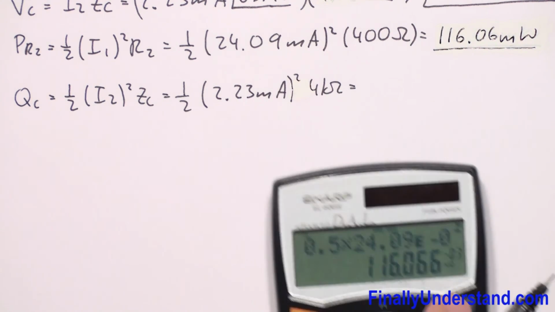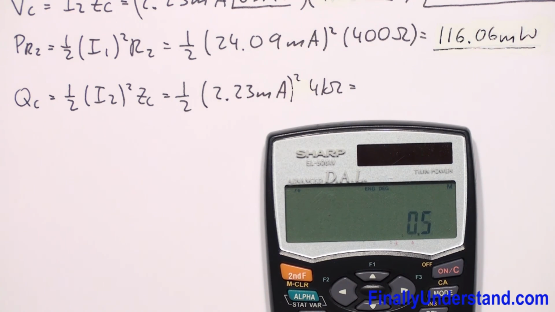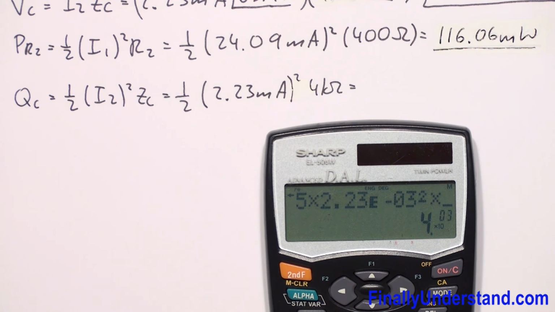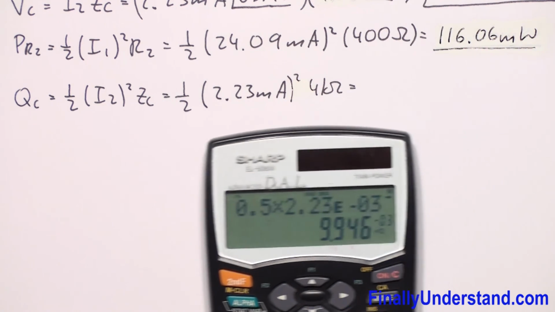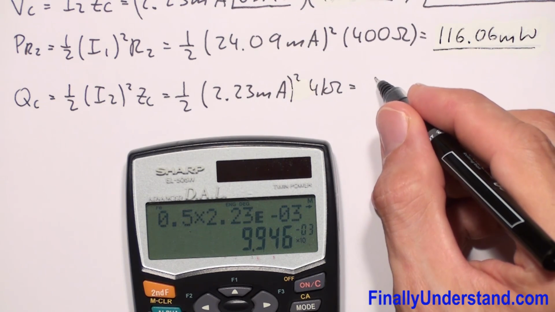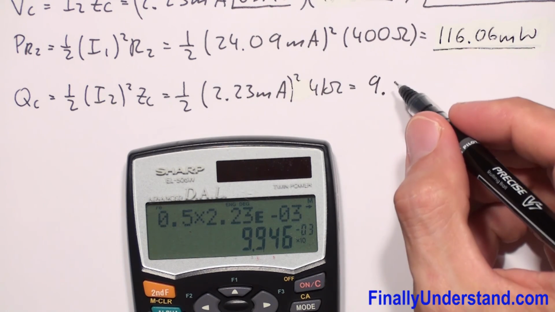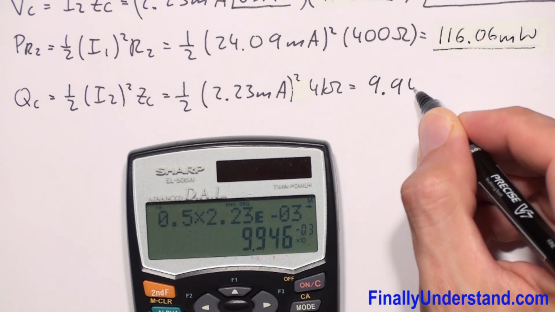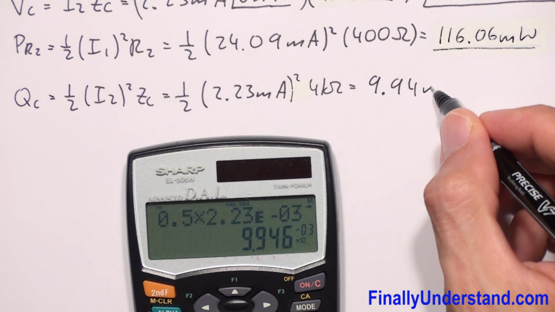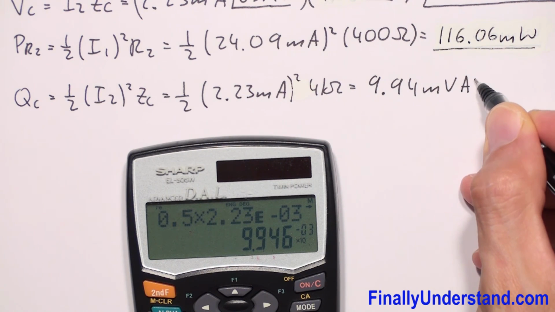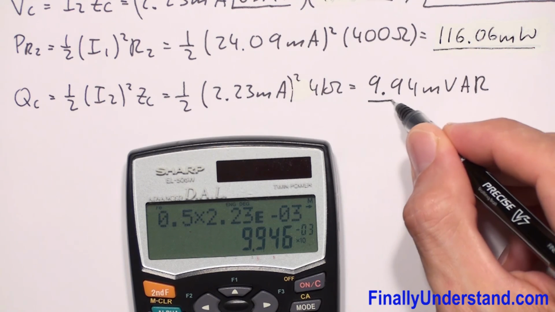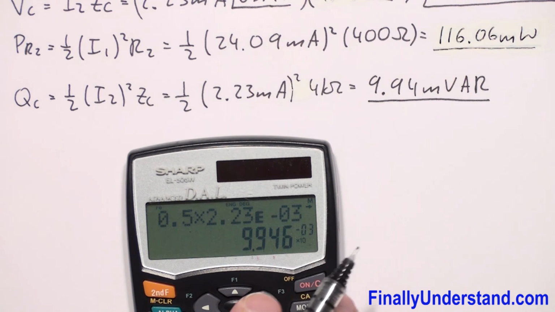This is equal to 0.5 times 2.23 exponent 3 negative raised to the second power times 4 exponent 3. This is equal to 9.94 millivolt amp reactive. And now we can say that the problem is solved.